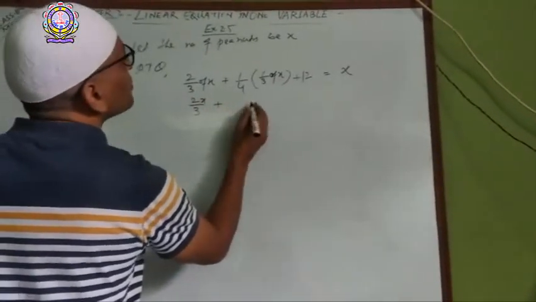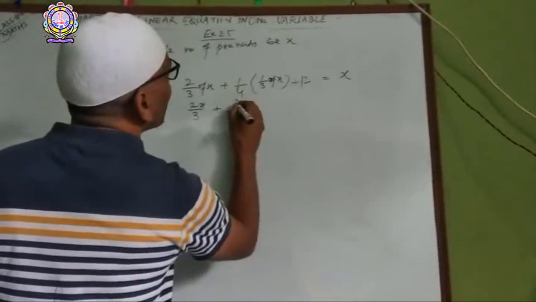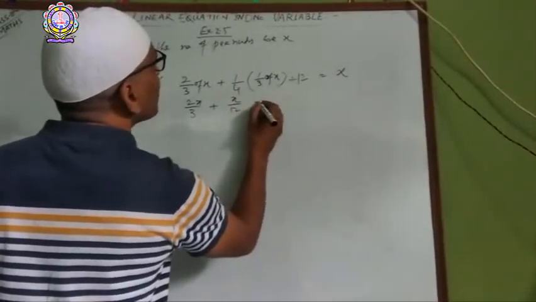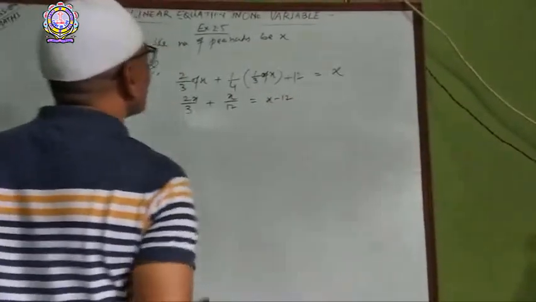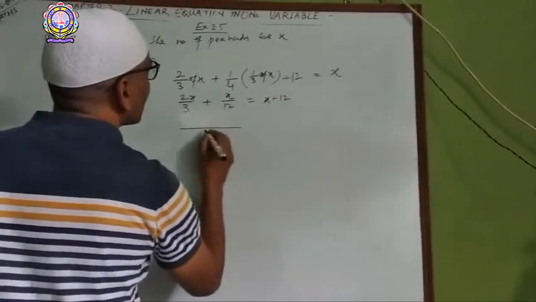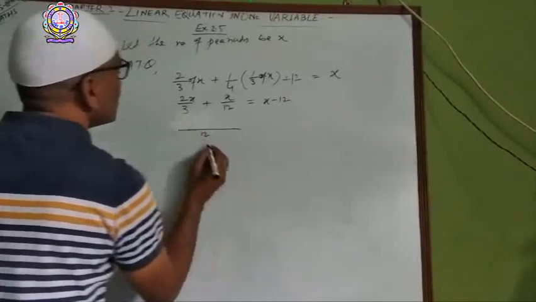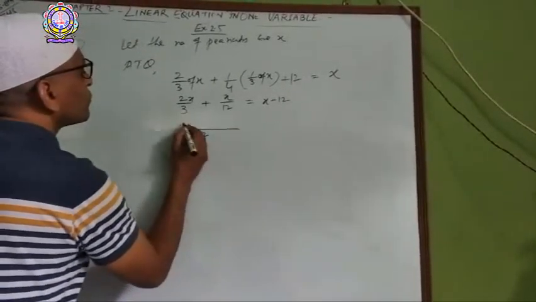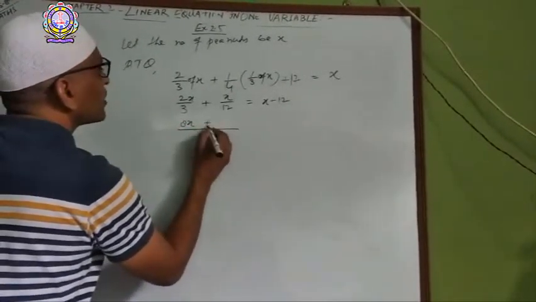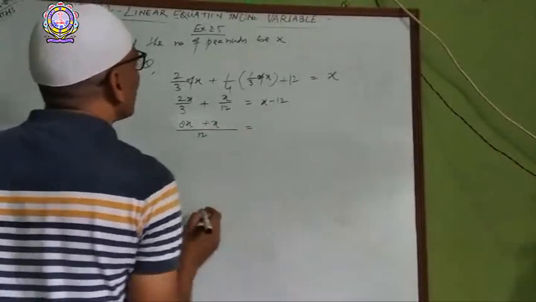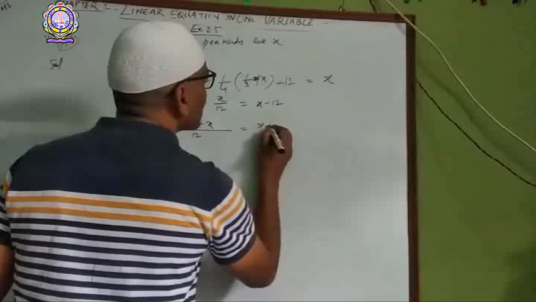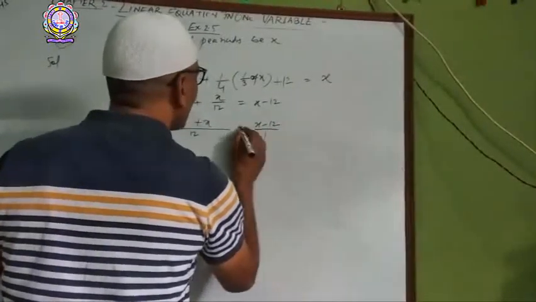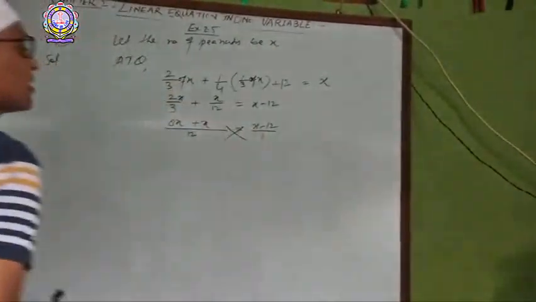2/3x plus x upon 12 is equal to x minus 12. Here we can take LCM 12, 3 4s are 12, 4 twos are 8x plus x is equal to x minus 12, and we can cross multiply.